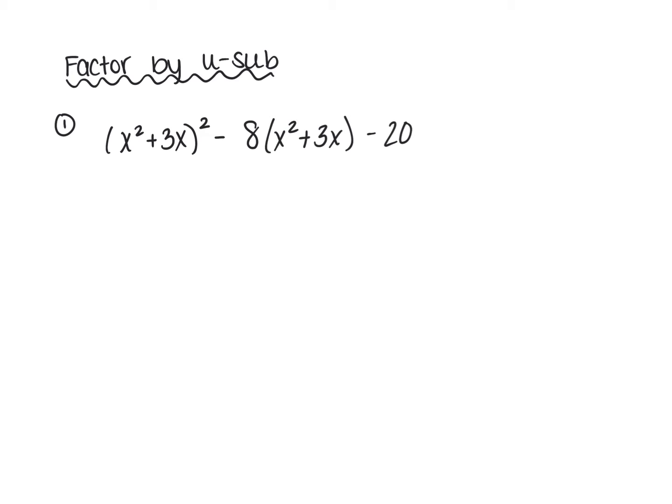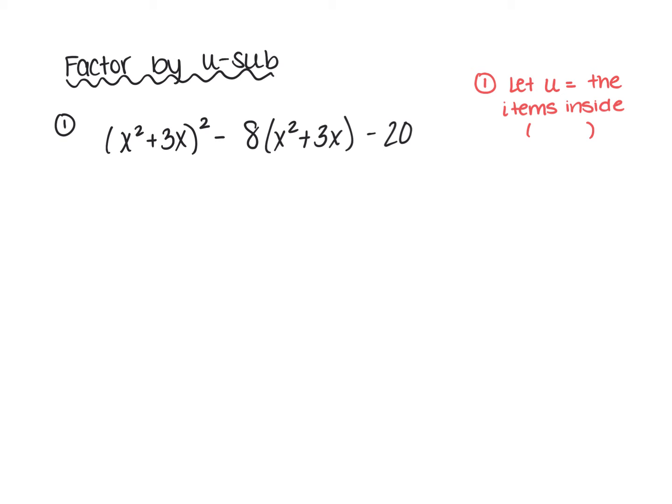So we must have another way to do it. This is called factor by u sub. So the first thing that you want to do is let u equal the stuff that's inside the parentheses that's the same. So how do we put this into small words? Let u equal the items inside the parentheses.